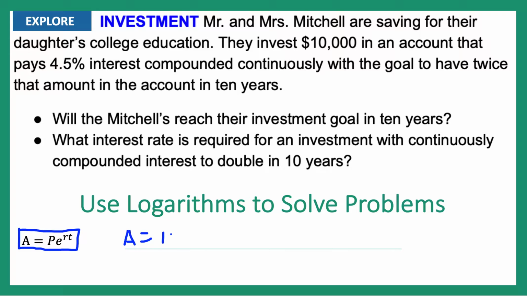The constant, Euler constant E, is E. R is 4.5%, but when I divide by 100%, I get 0.045. And time T, the time for how many years it is going to be invested, here is 10 years.